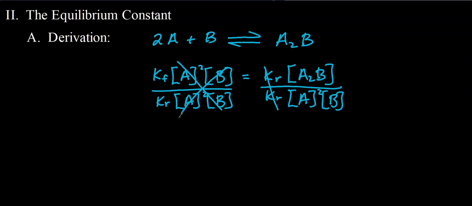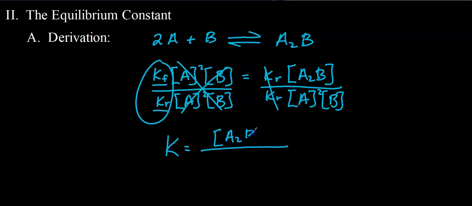So we get Kf over Kr equals the concentration of A2B over the concentration of A squared times B. Well, these are numbers, right? So the ratio of Kf to Kr is also a number that we call big K, capital K, the equilibrium constant. So big K equals the concentration of A2B over the concentration of A squared times the concentration of B. This is known as our equilibrium constant expression.